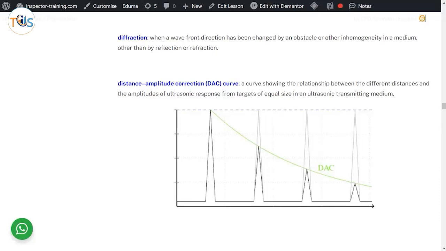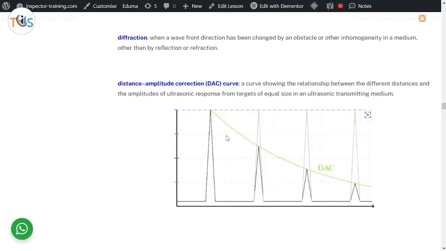Distance amplitude curve: practically, when you send the initial pulse, and then you send the second pulse, and it gets attenuated, and then the back reflection of the third pulse. Like the pulse goes up, so that's the first indication you get. That's the second cycle, the third cycle, and the fourth cycle. So at different distances there is attenuation of the sound, and it gets reduced.